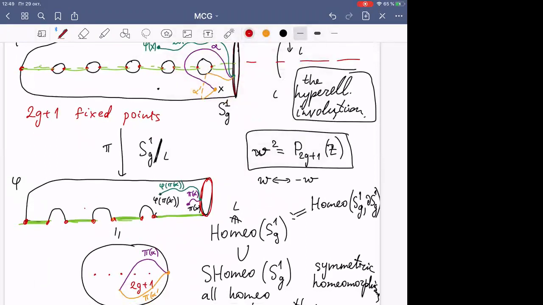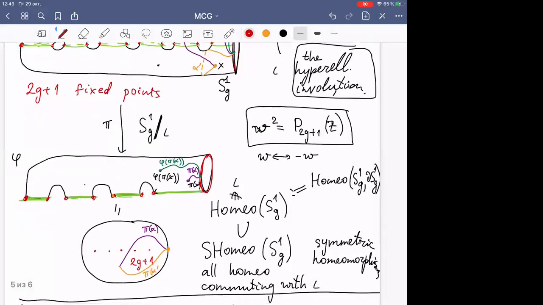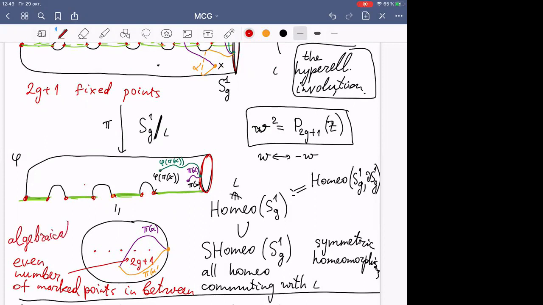So passing around any of these branch points changes our leaves, our two leaves. This means that we have an even number of marked points in between. This is not a very good claim. The matter is that these two arcs can be intersecting, but we have an algebraically even number of marked points.